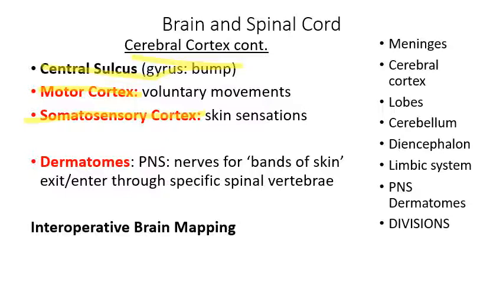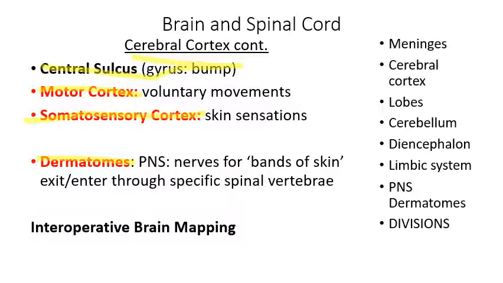Now, something that's part of the peripheral nervous system, not the central nervous system, is that your skin is divided up into bands in the body called dermatomes. When you feel sensations on your skin, those sensations are divided up into bands that run across your body, kind of like the tires on the Michelin Tire Man advertisement.